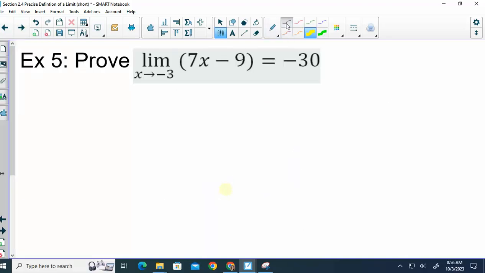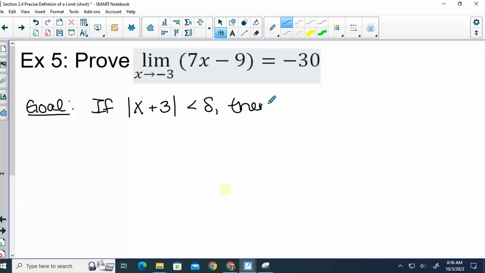this is what we're trying to prove. So look at our goal. Reference that last slide if you need to. If the absolute value of x minus, what is my a? Negative 3. So minus negative 3 would be x plus 3 is less than delta. Then the absolute value of f of x, what is my f of x?